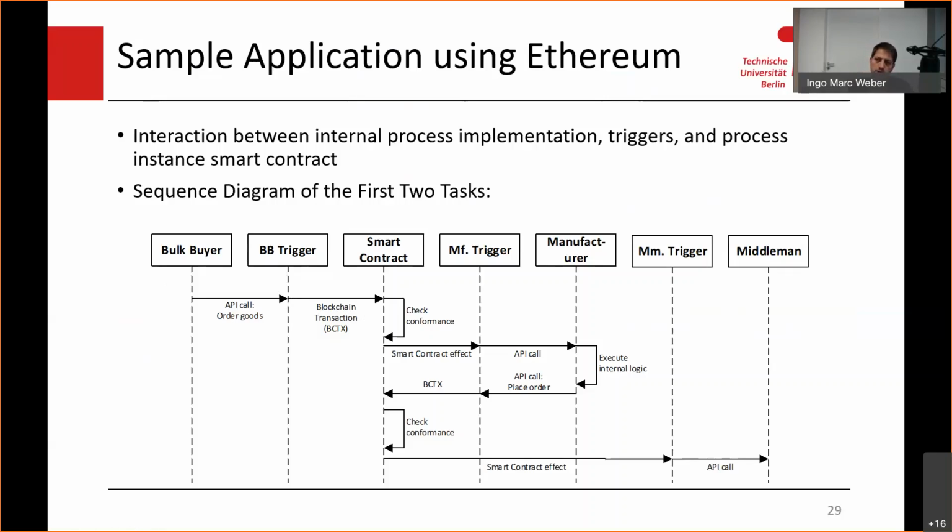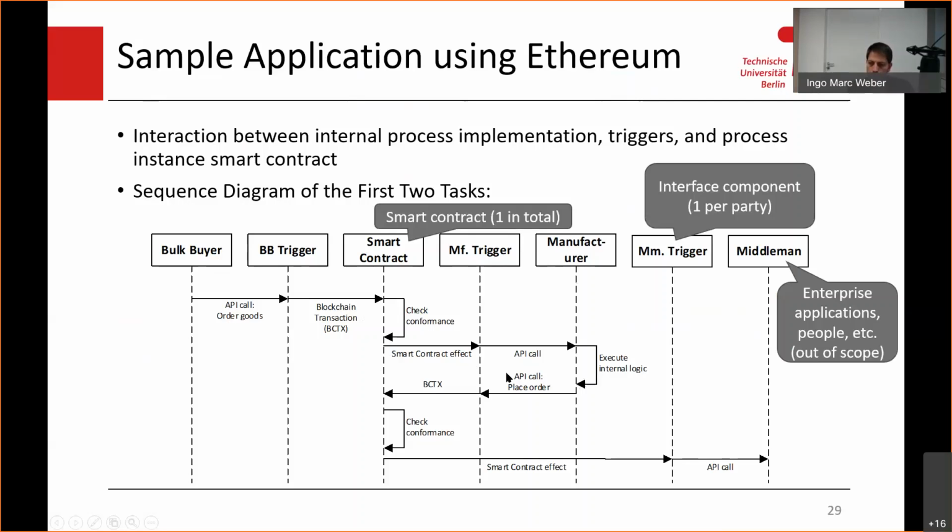So this is a regular, RESTful API call. The trigger component takes that, translates that into a blockchain transaction, calls the smart contract with it. The smart contract takes the conformance and writes an effect, which is picked up by the trigger of the manufacturer. Manufacturer's trigger sends a RESTful API call to their ERP system or what have you.